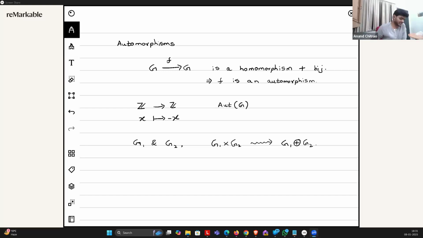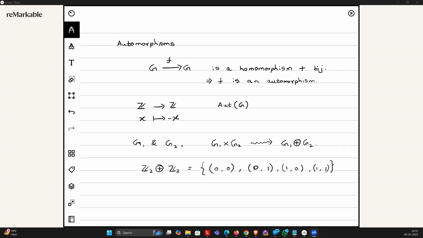Yeah. So the example was already on the last page. You start with Z mod 2Z, Z2, take a second copy of Z2 and take the direct sum of those. Set theoretically this is (0,0), (0,1), (1,0), (1,1). Is that okay? This is the set theoretic Cartesian product.